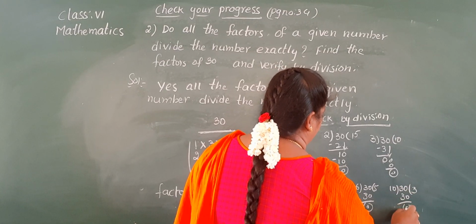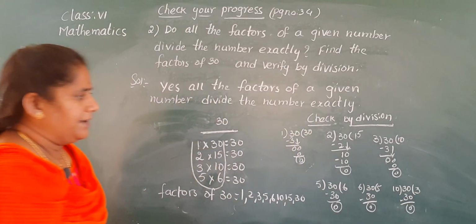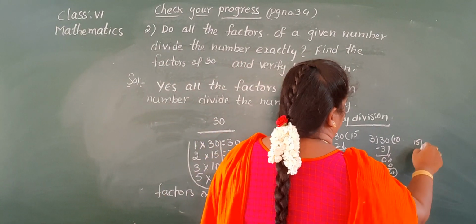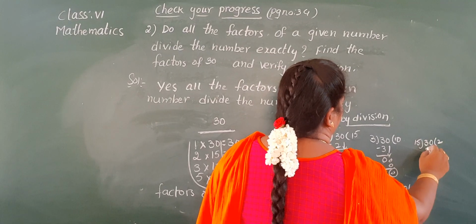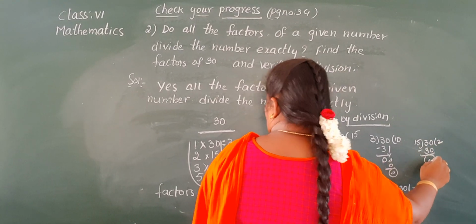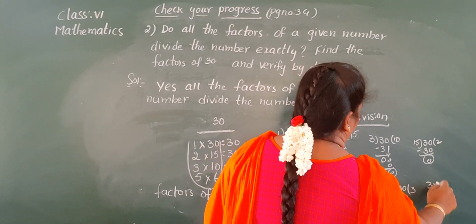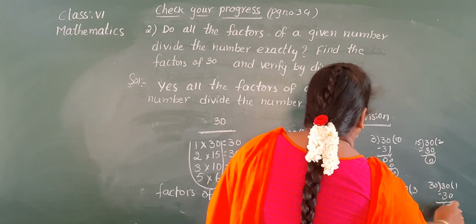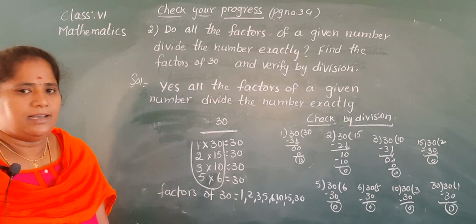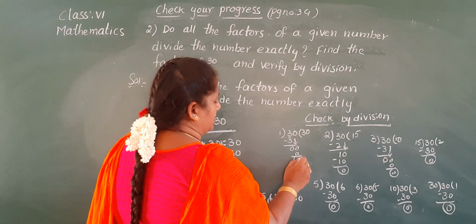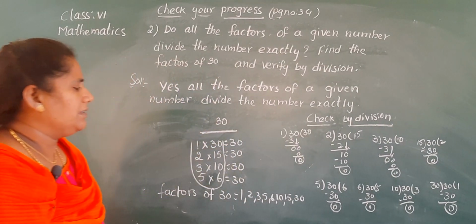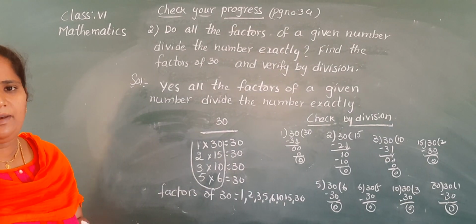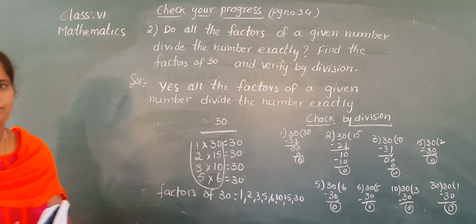Yes, it gives the remainder 0. Next 15 table. 15 2s are 30. Next 30 table. Yes, 30 1s are 30. Now we checked all of these by doing division. Yes, in all divisions we get 0 as a remainder. So these are all the factors of the given number 30. Okay ma? Yes, write down.